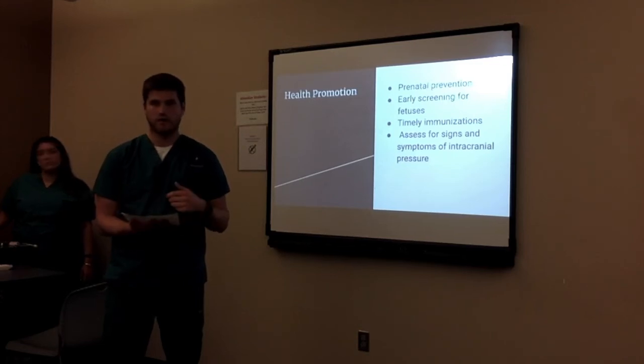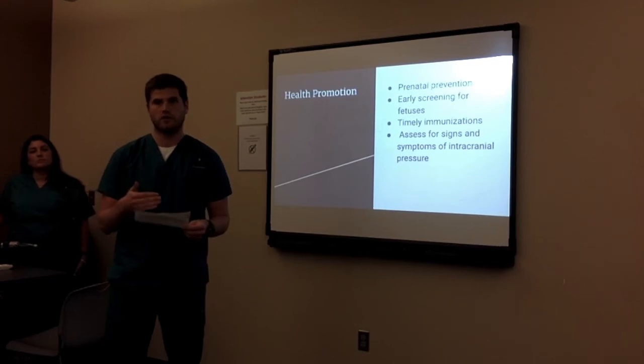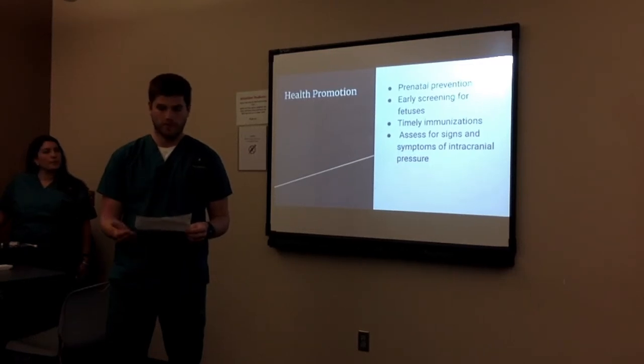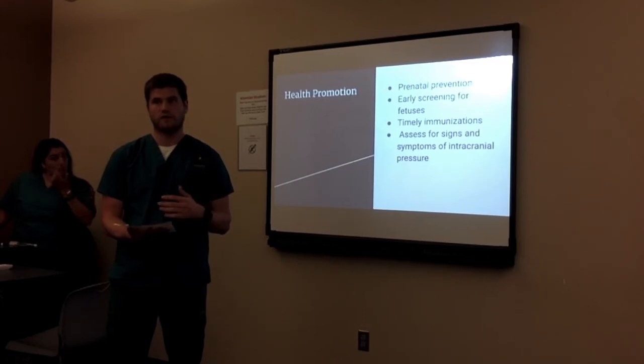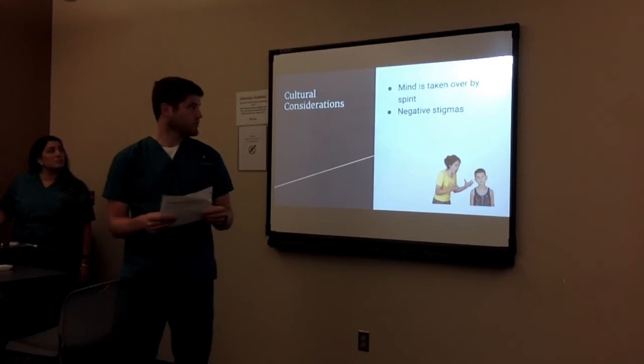Also, there's going to be visual changes, so they're going to have double vision, whitening of the sclera over their pupils, and limited views. So definitely when you educate your family members, you want to make sure they understand these, because one of the most important things to preventing permanent damage from occurring is assessments done early and often.